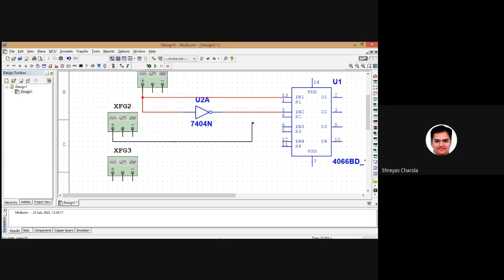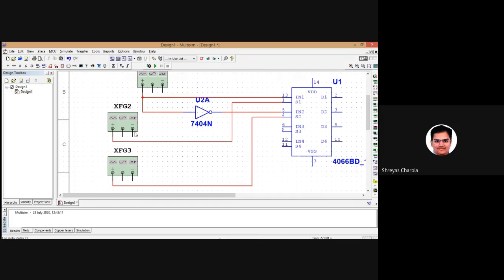So the first frequency should multiply with this signal, and the other frequency, that is the lowest frequency, should multiply with this signal. Is this clear, all of you? Yes sir.